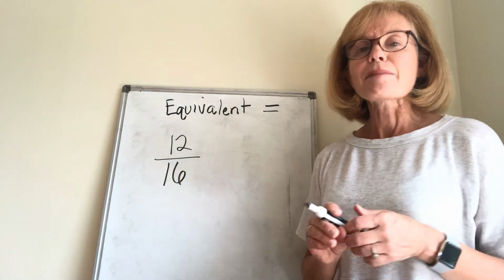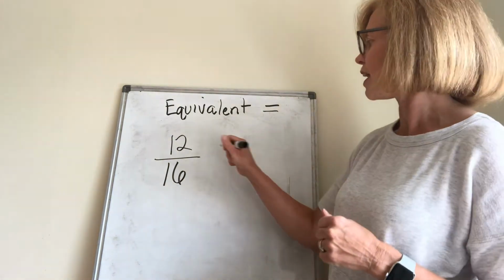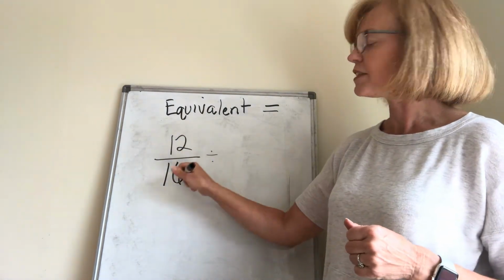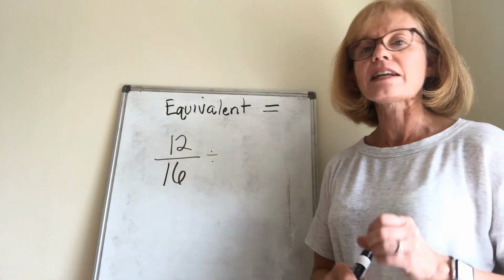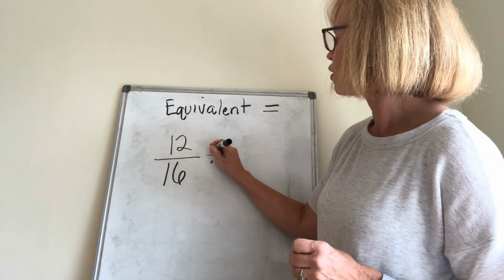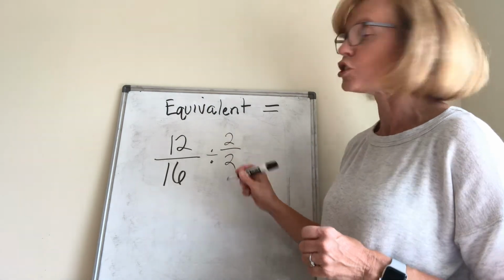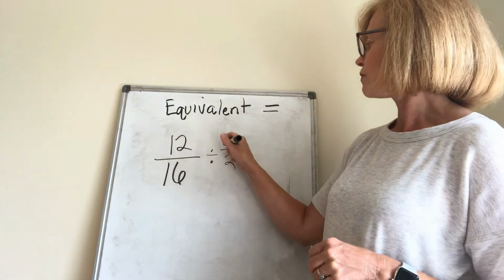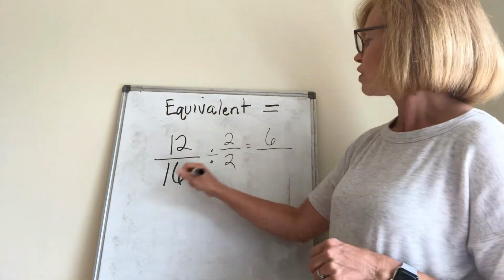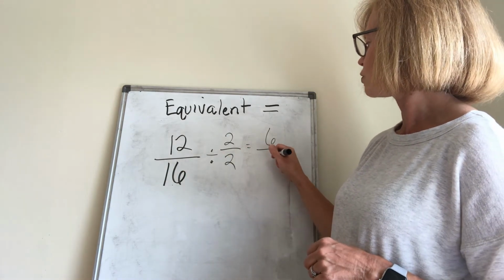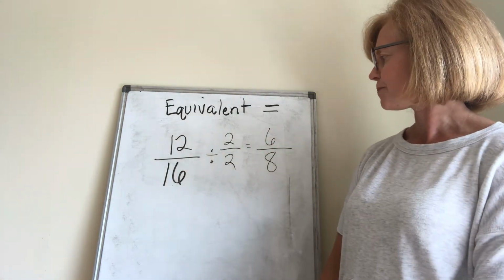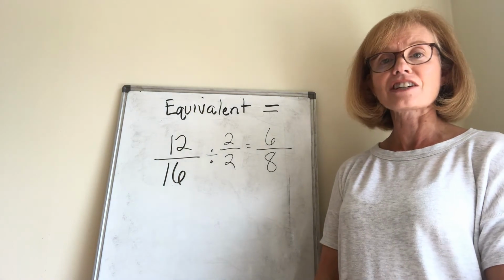All right, if you've come back, let's try one together. I noticed 12 and 16 are both even numbers, and I know that I can always divide even numbers by 2. 12 divided by 2 is 6. 16 divided by 2 is 8. I found an equivalent fraction.